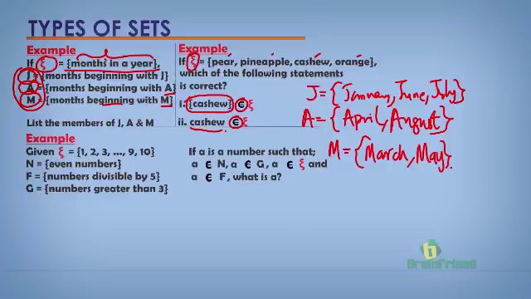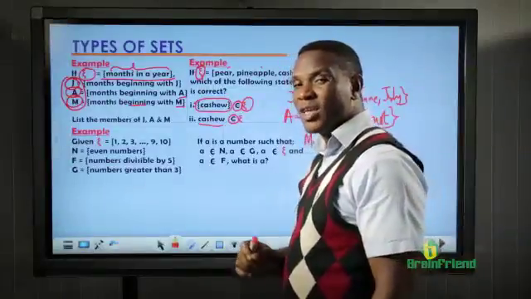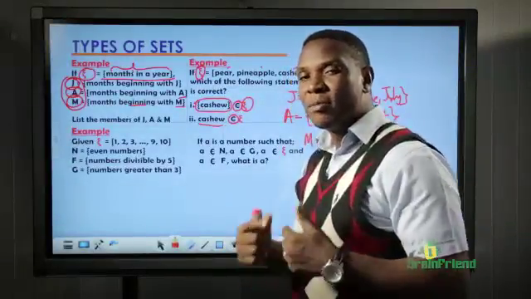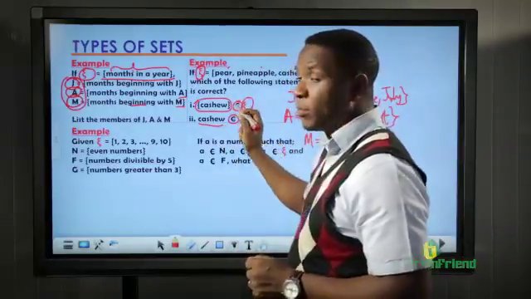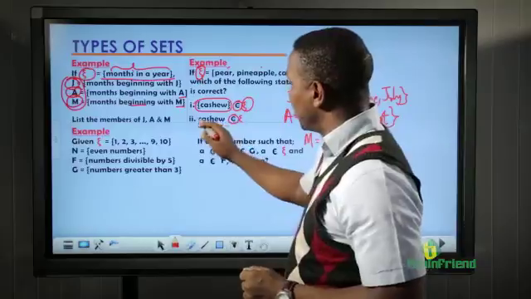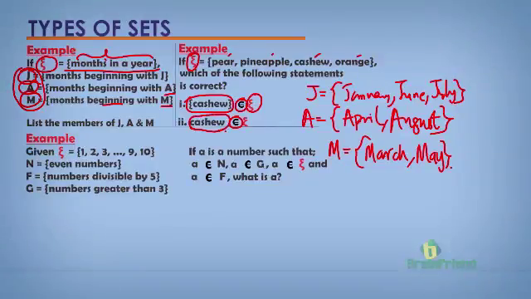So the set of cashew would be a subset of our universal set. And of course, in our class to come, we will learn about what a subset is. But in this class, we will not learn about subsets. Therefore, our answer here would be cashew, which is an element of the universal set. So cashew is an element within our universal set. And of course, the second option is our correct answer.